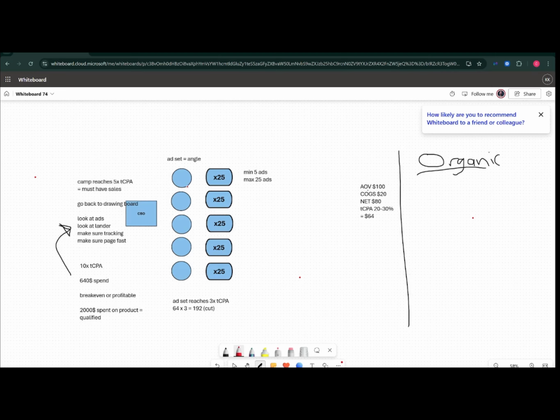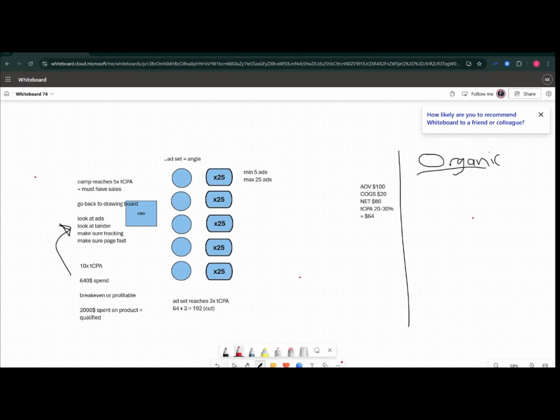You can try it, but I'd recommend strongly going with statics in the initial phases and then adding video down the track. The other reason I would go with statics is because they're easier to create, especially with AI. You can get a lot of output with the right tools.